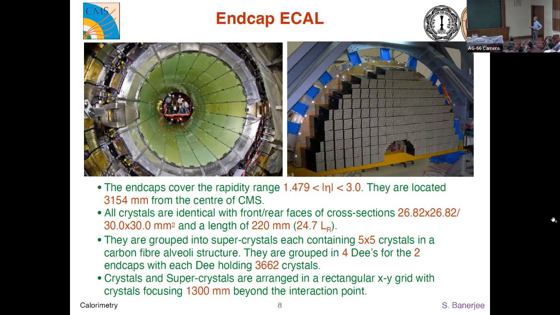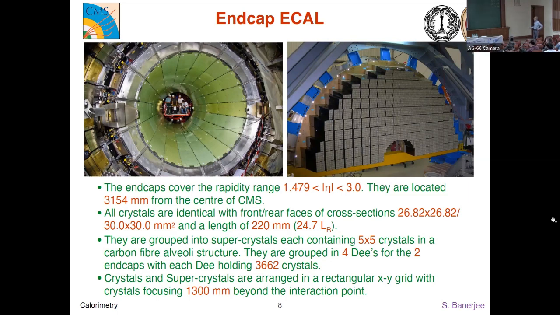All the crystals are supposed to be more radiation hard, which we could not find, so all the crystals are made identical. The front face is 27 millimeters by 27 millimeters, and the back face is 30 millimeters, and they are all identical. Unlike the barrel, where we have 34 types, we have a single type in the end cap.